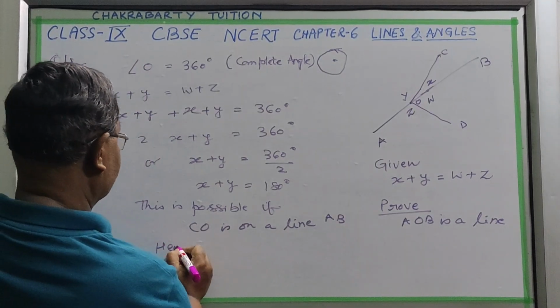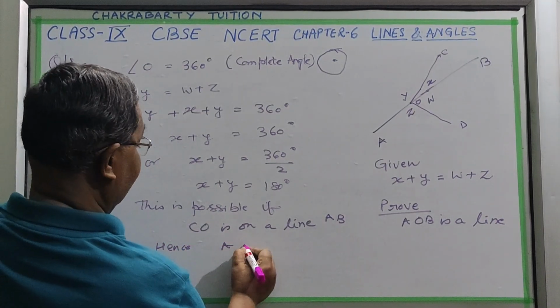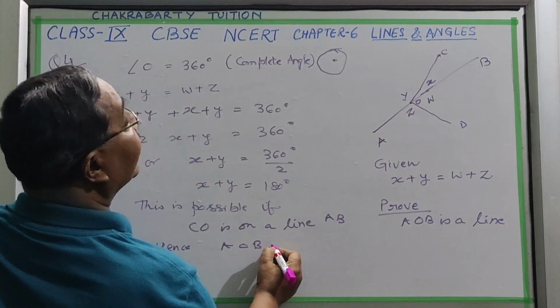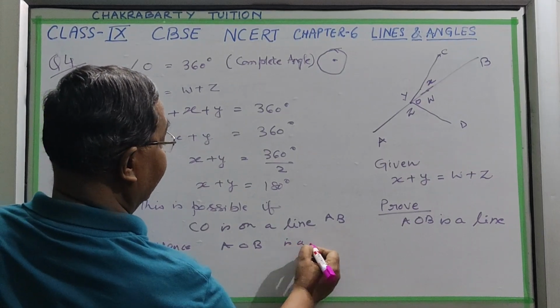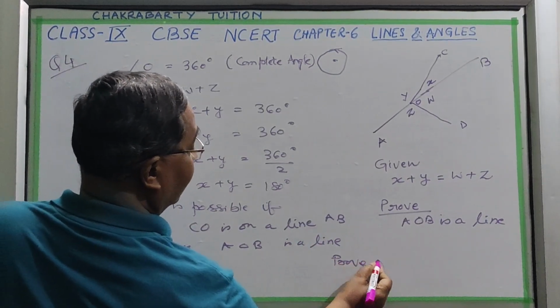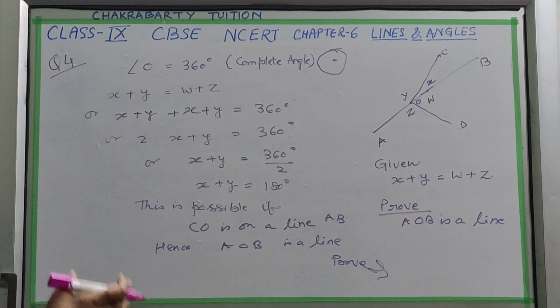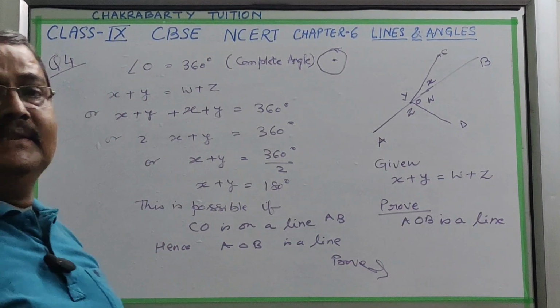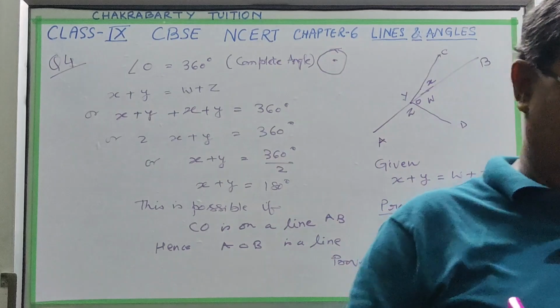Hence AOB is a line. Okay, so by this your fourth question is over.